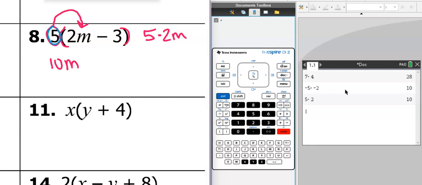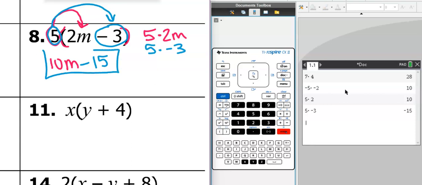Then we're going to take the 5 and distribute him to the negative 3. 5 times negative 3. Always remember to bring your signs along, otherwise your answer will not be the same. 5 times negative 3 is negative 15. And because the 10 has an m stuck to him and the 15 does not, we cannot combine them, and this is all we can do with this problem.